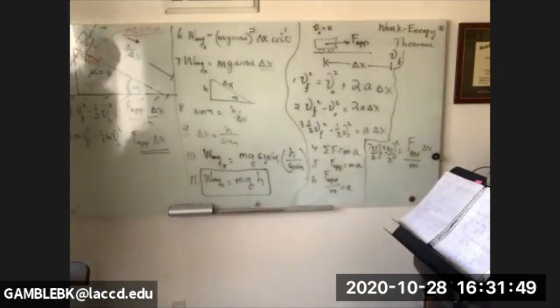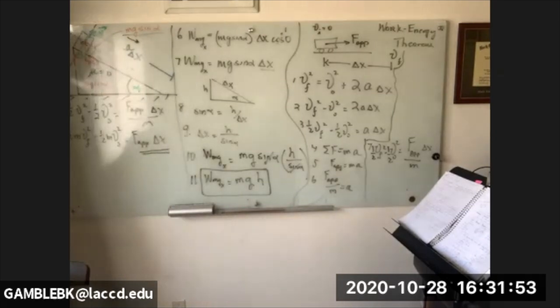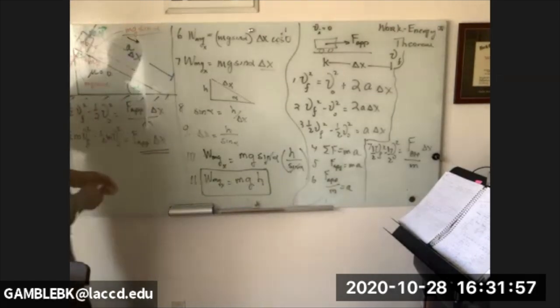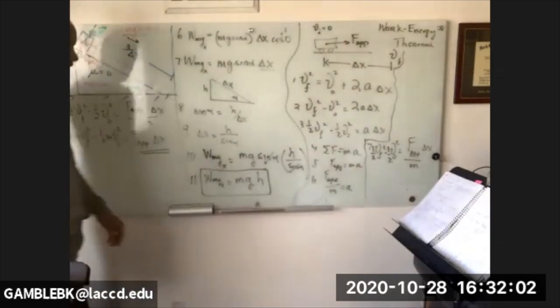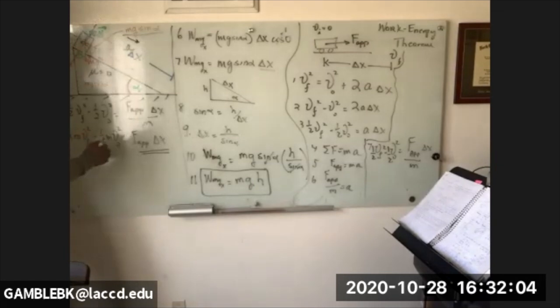Dami answered for you. It's work. Work is equal to force times path. Yes. So what it's telling you is that the work done by your engine as you accelerate through a distance is equal to this quantity on the left.